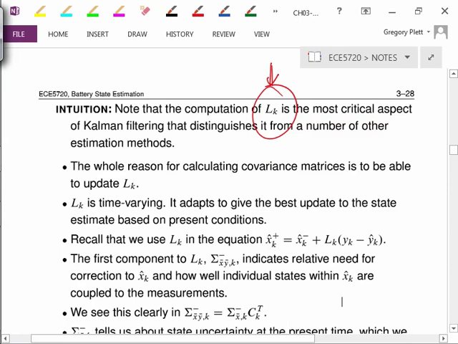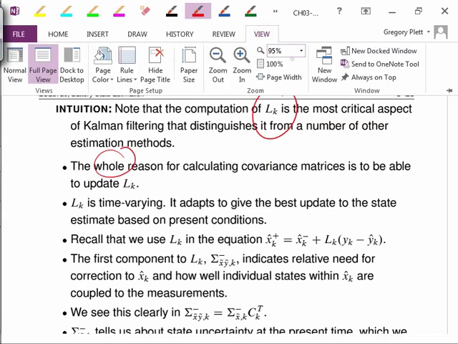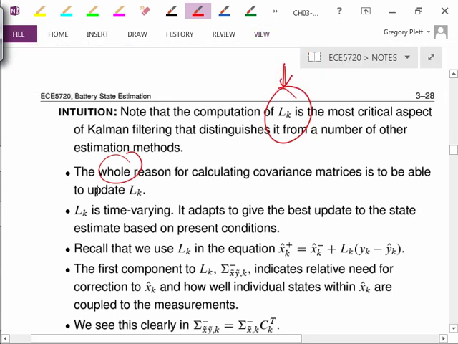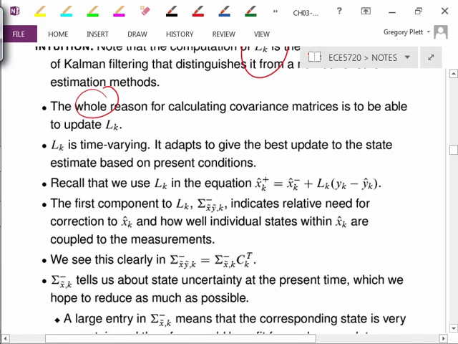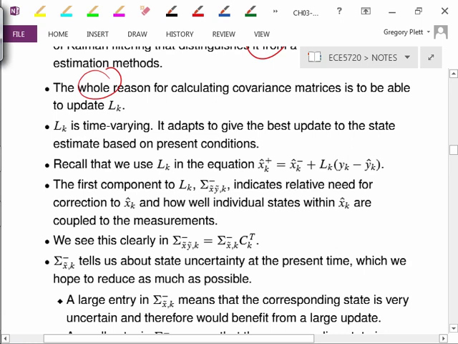So maybe not the whole reason, but that was at least the primary reason for computing the covariance matrices, because they're needed here. So L is time varying, and it is adapting over time to give us the best estimates of the state that we can get based on present conditions.